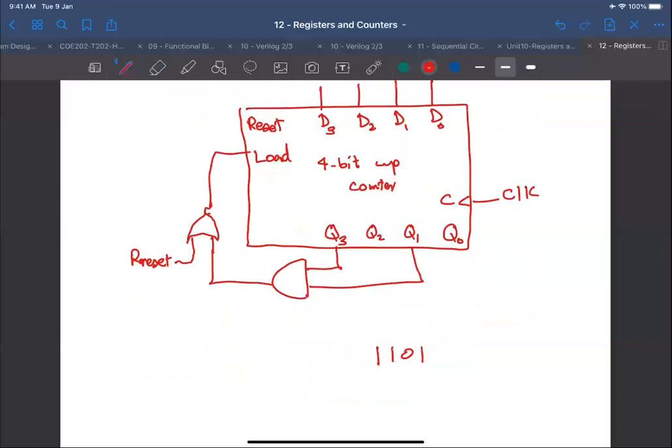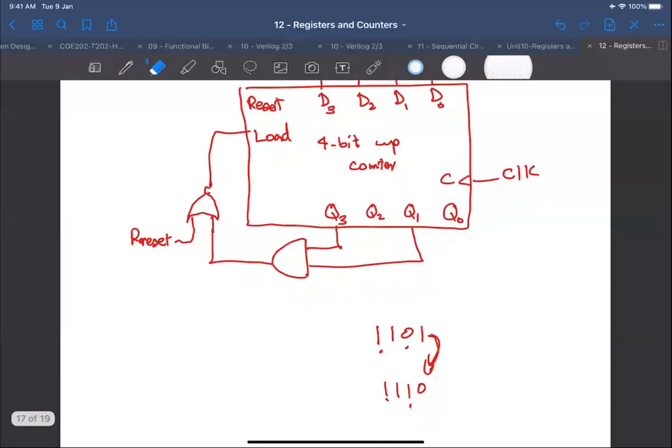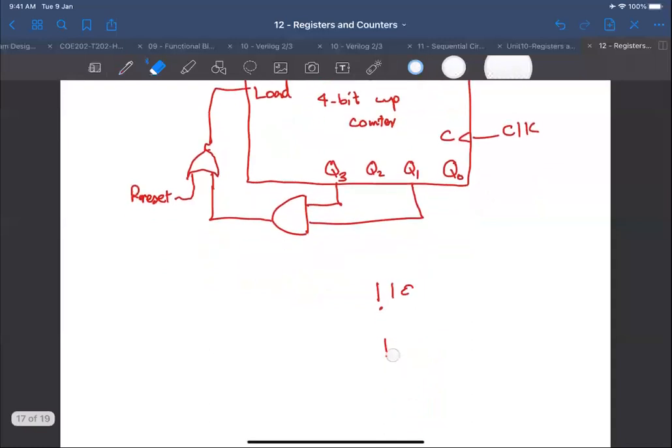Now in 13, this is 1 and this is 0. So it will count up to 14, right? In 14, this is 1, this is 1, so it will load 5. Do you see that? So this is a transient period that is ignored. Okay, it's not part of the steady state counting. Okay. Excellent.